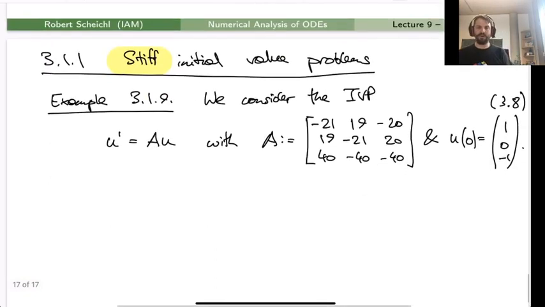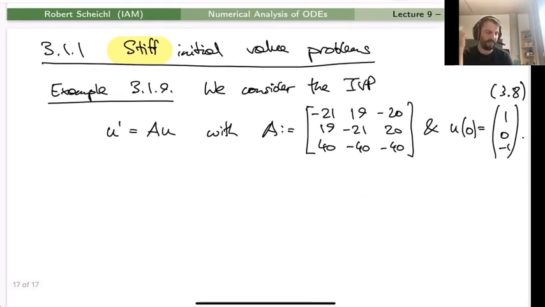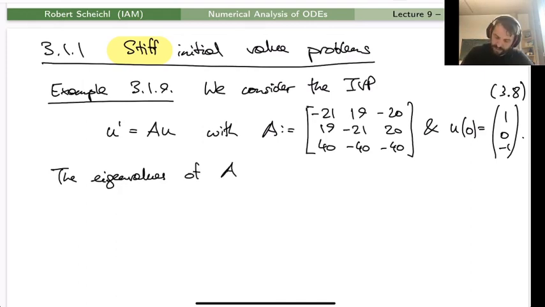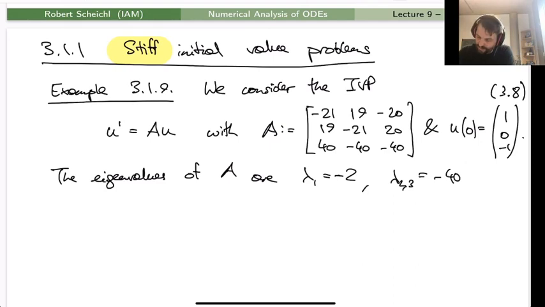So as I said before, in the previous lemma, what controls the stability and these one-sided Lipschitz conditions are the eigenvalues of this matrix A. So let's study the eigenvalues of A. They are lambda 1 equals minus 2, and lambda 2 and 3 equal minus 40 plus or minus 40 i.